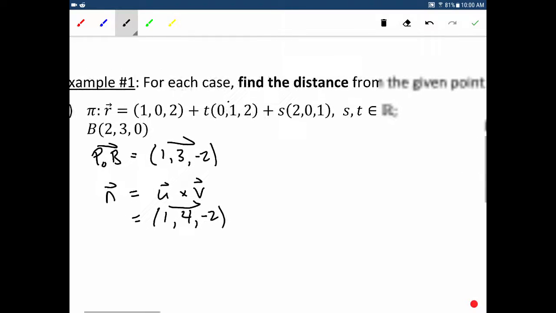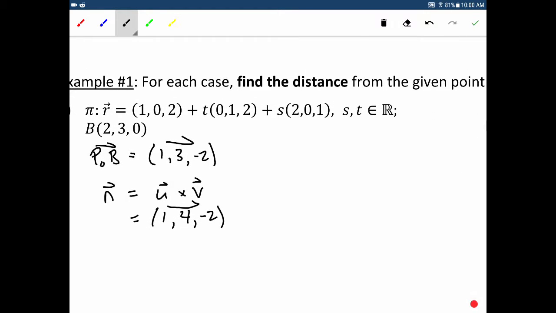And so I am ready to use the distance formula. I'll say d equals the dot product of P0B with n, and then we're going to divide by the magnitude of n.